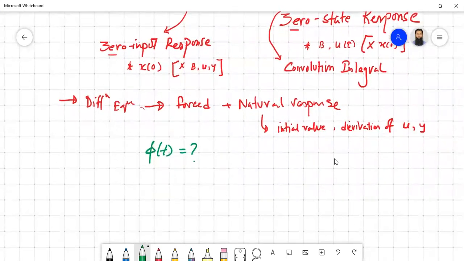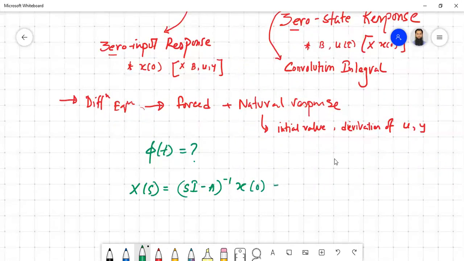So we know from the last chapter that X(s) is something like this: (sI minus A) inverse matrix times x0, plus (sI minus A) inverse B U(s).